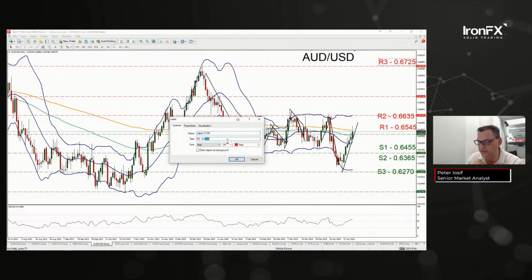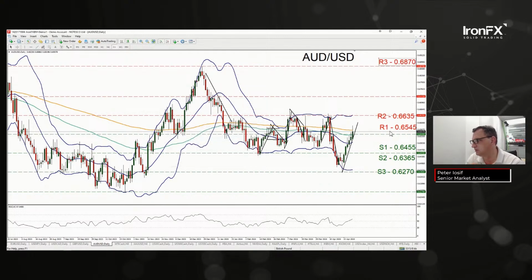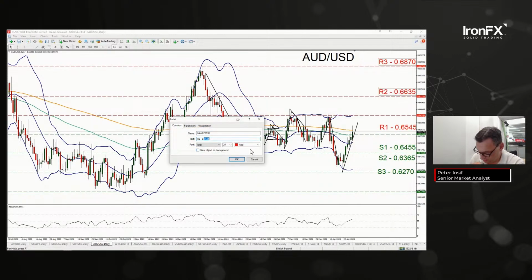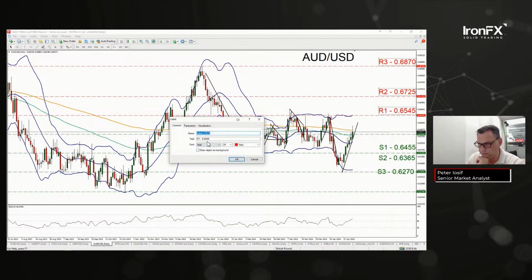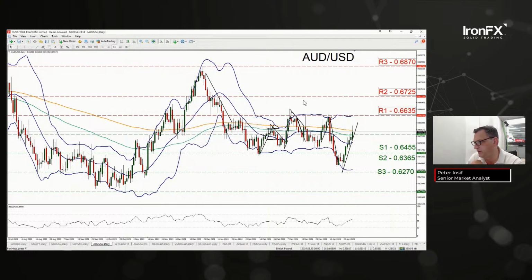Let's reposition the labels and correct the intent. R2 to be placed at 0.6725. 0.6635 for the R1. The S1 to be placed at 0.6545.